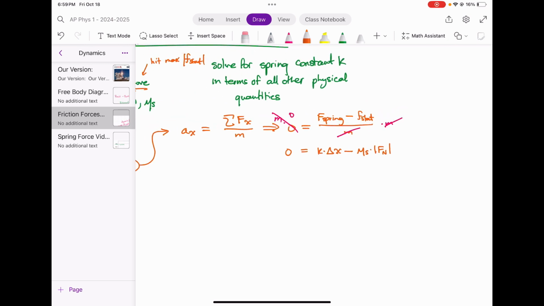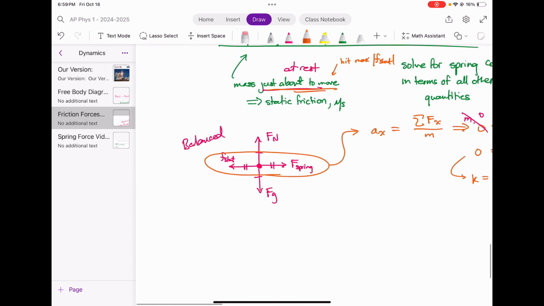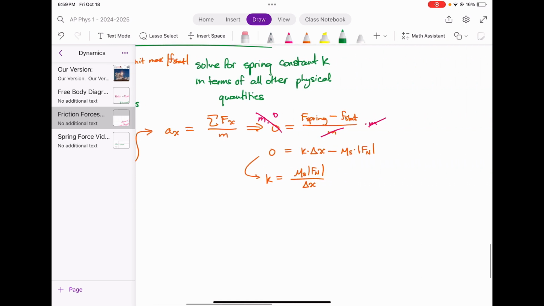And we're solving for the spring constant. So actually this equation gives us that, right? If we solve for K, we should have mu s times the normal force divided by delta x. Oh, and we can find the normal force, right? Because vertically we are also balanced too. So the normal force should be equal to the force of gravity.